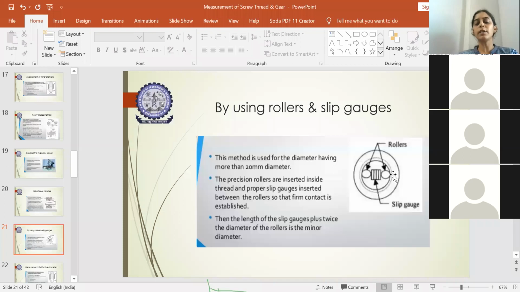Finally, the diameters of the two rollers plus the dimension of the slip gauges give the required value of the minor diameter. This is the method used for determining the minor diameter by rollers and slip gauges.